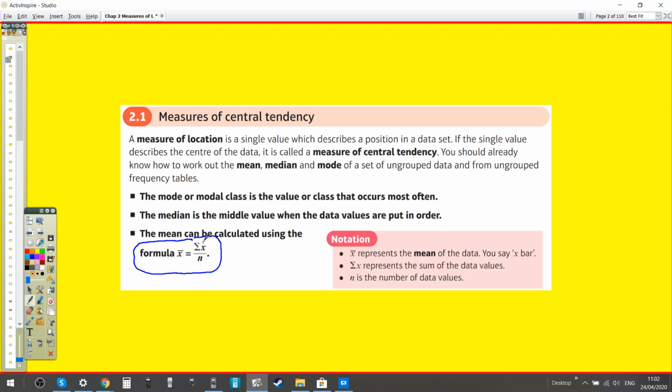Sigma x just means the sum of all the x's, so what you get when you add up all the numbers. The mean average they write as x bar. So if you see that x with a bar on it, that just means the mean average. Sigma x means they added up all the x's, and n is the number of values.